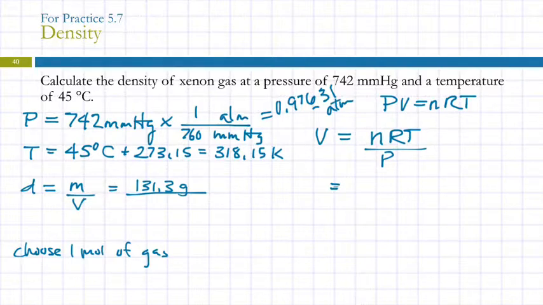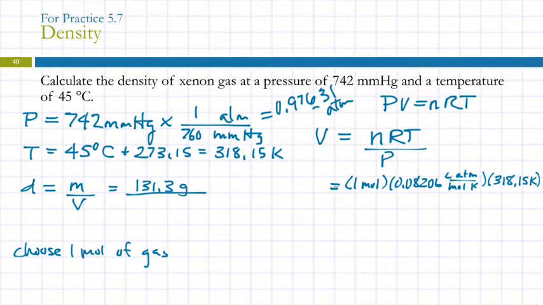Cross the t's. Okay, so n is 1 mole exactly because we chose that. R is the same thing. Temperature was given, we converted it to Kelvin. And we're dividing by the pressure, which we also converted, 0.97631.